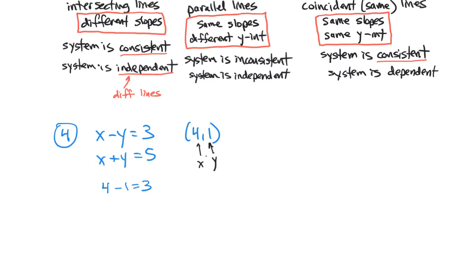I'm just checking this one, and that checks. So that's good. But remember, for this to be a solution to the system, it has to work in both of these. So you plug in 4 for x and 1 for y. It works here. Now let's try this one. We do the same thing here.